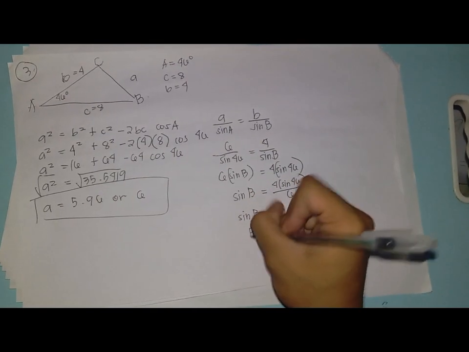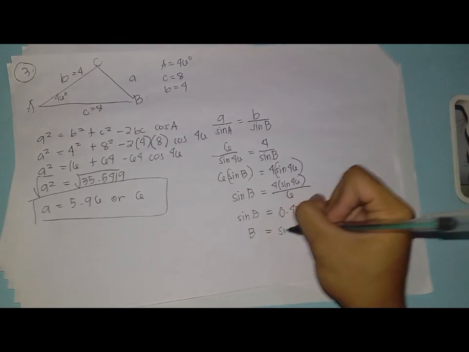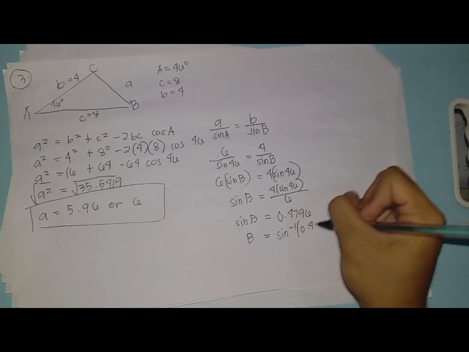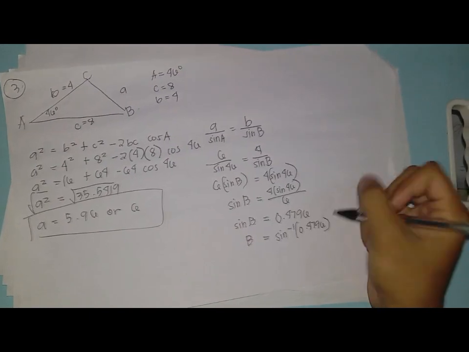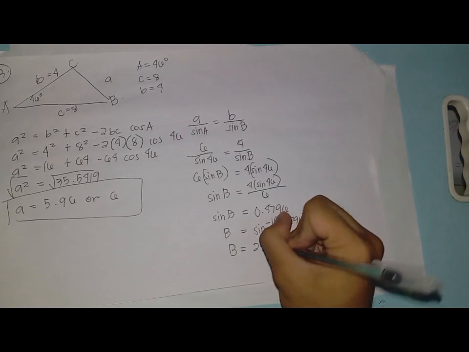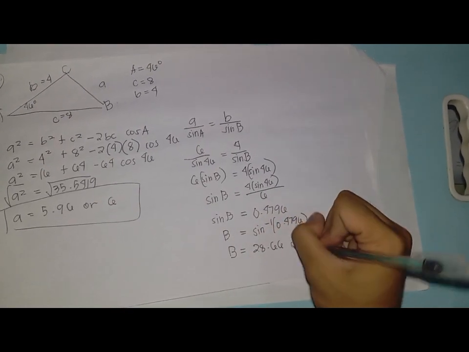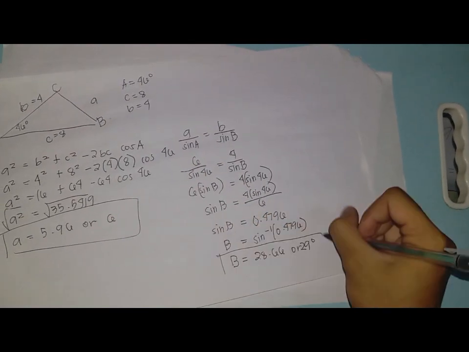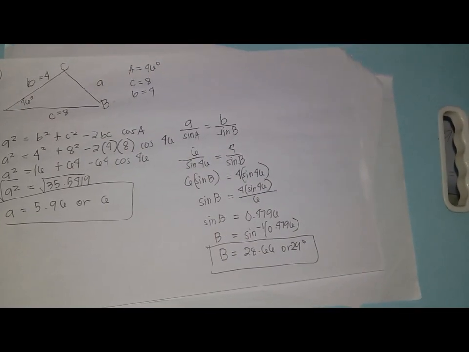So arc sine 0.4796, we have B is equal to 28.66 or 29 degrees. So we find our angle B.